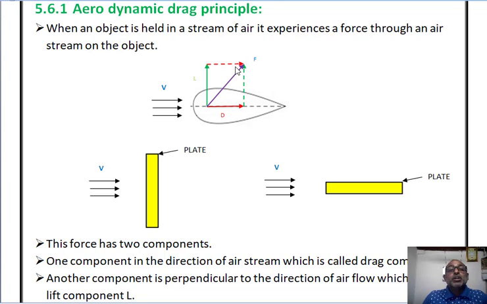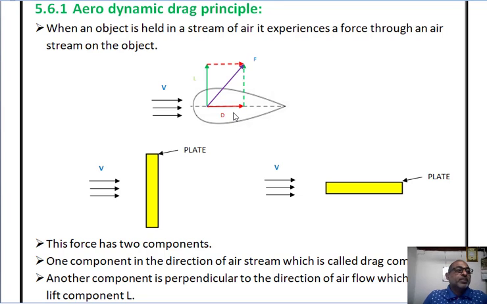One component, in the direction of the air stream, is called the drag component, and it is represented by capital T. The other component, perpendicular to the direction of the air stream, is called the lift component, which is represented by capital F.